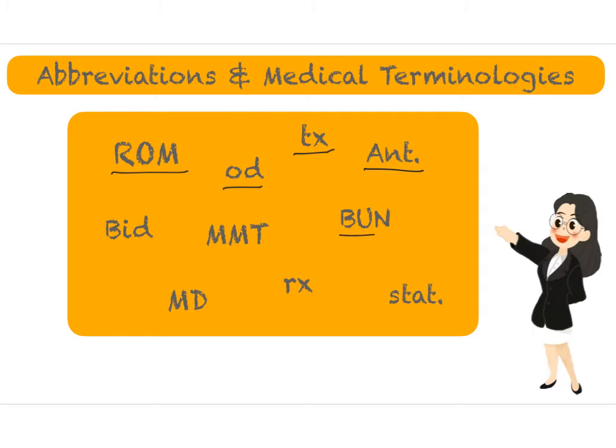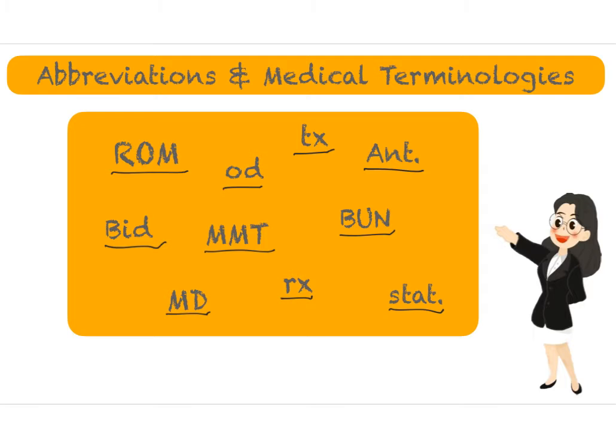BUN stands for blood urea nitrogen. MMT stands for manual muscle testing. BID is twice a day. MD is medical doctor. RX is either treatment or prescription. STAT is at once, ASAP, immediately.